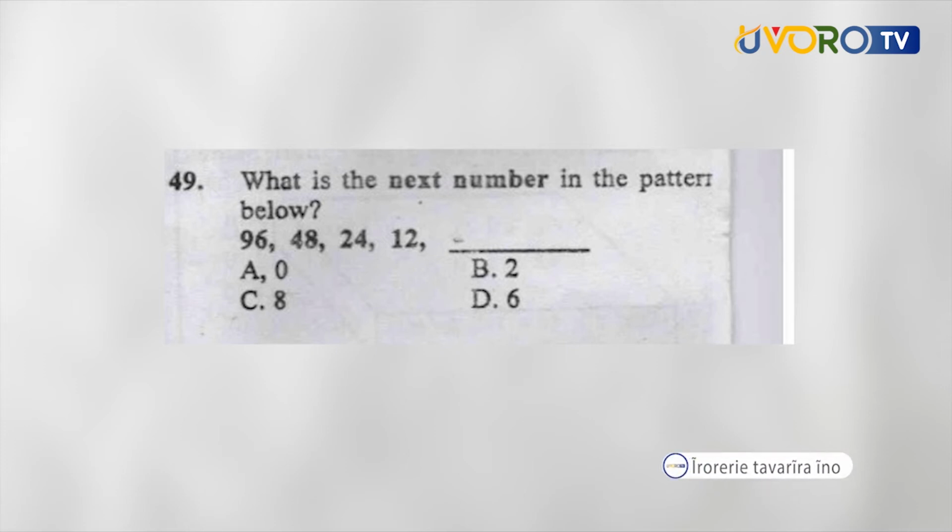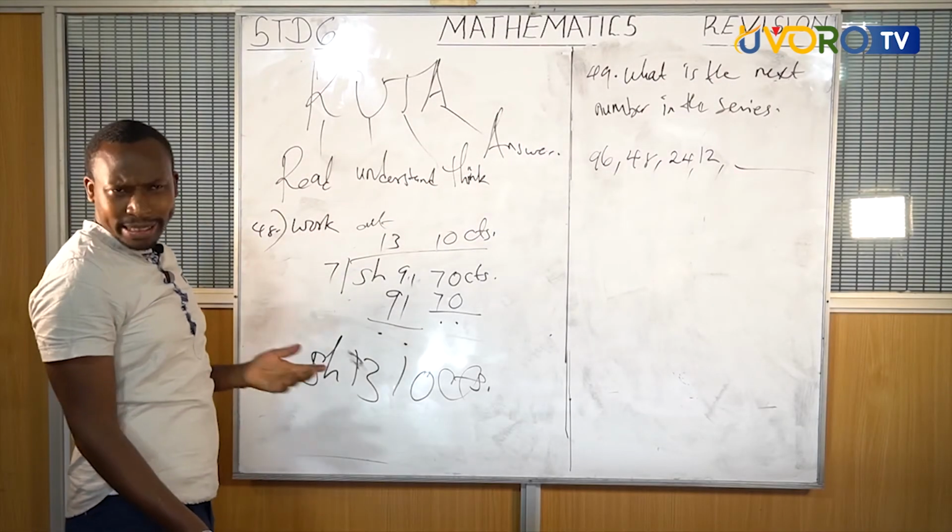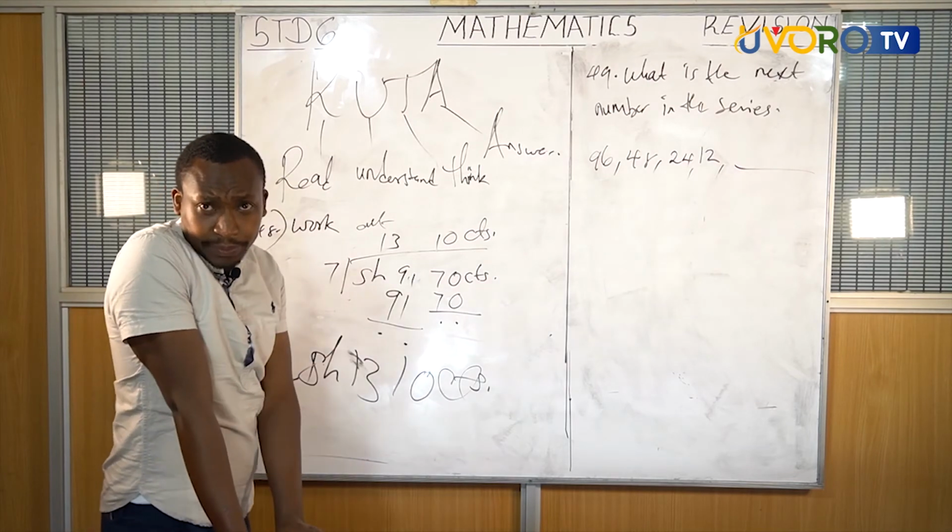The first one, 96, 48, 24, 12, dash. A very simple sum. Just to see what is happening to the numbers.